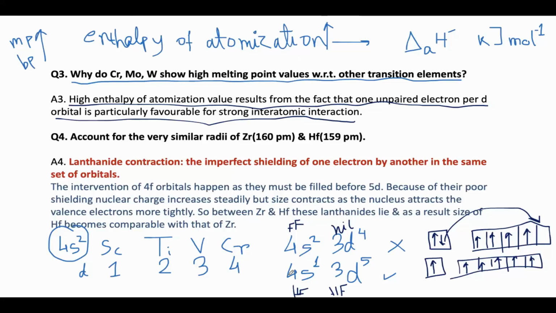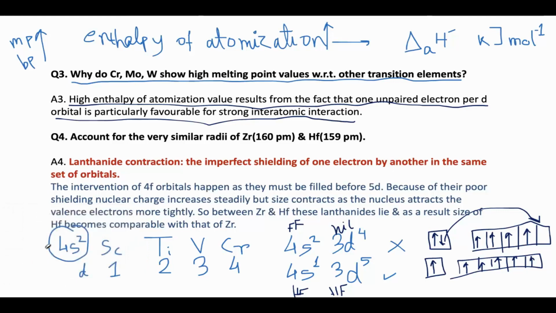That's why it is very important to know the electronic configurations of each of the elements. Since chromium has 5 unpaired electrons, the most, its enthalpy of atomization is high, so its melting point is high. That's why this chromium group, chromium, molybdenum and tungsten, all three show high melting points.